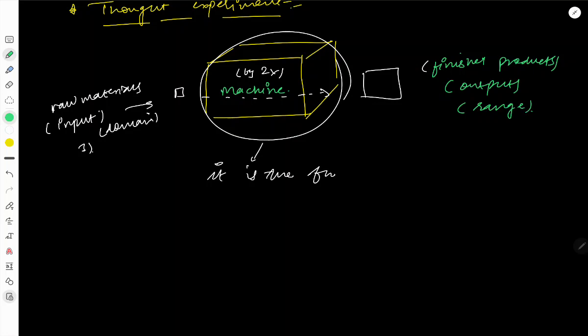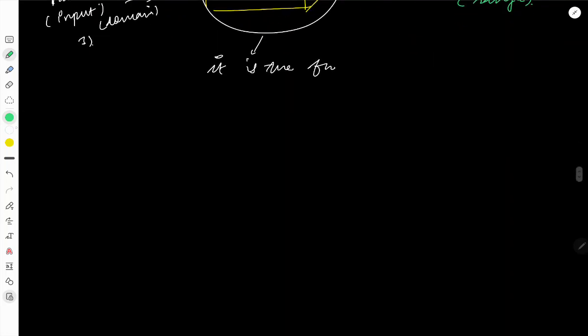So on giving a small input, we get a comparatively small output. On giving a big input, we can get a comparatively big output.